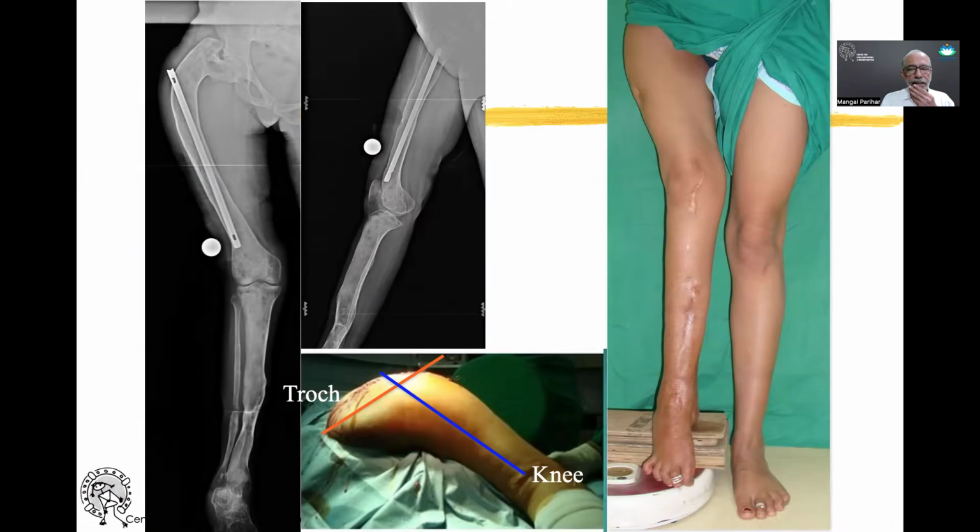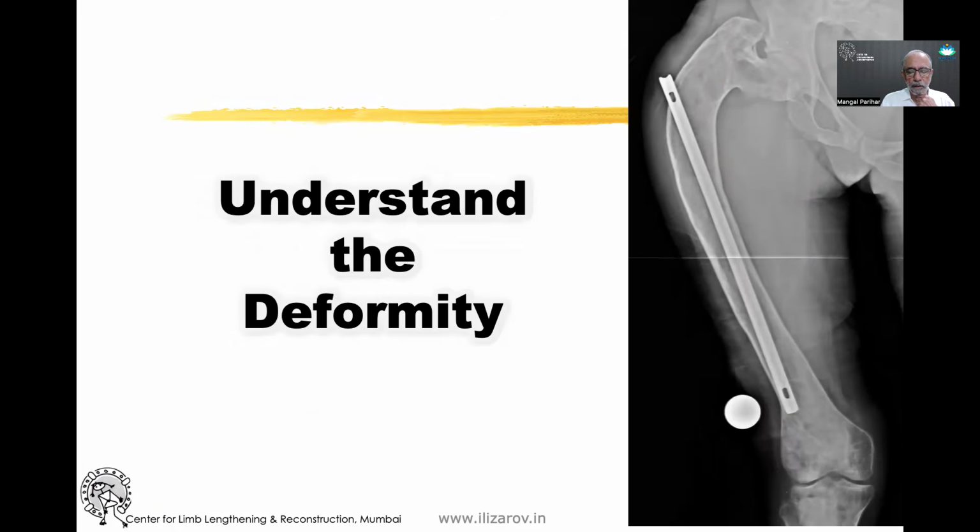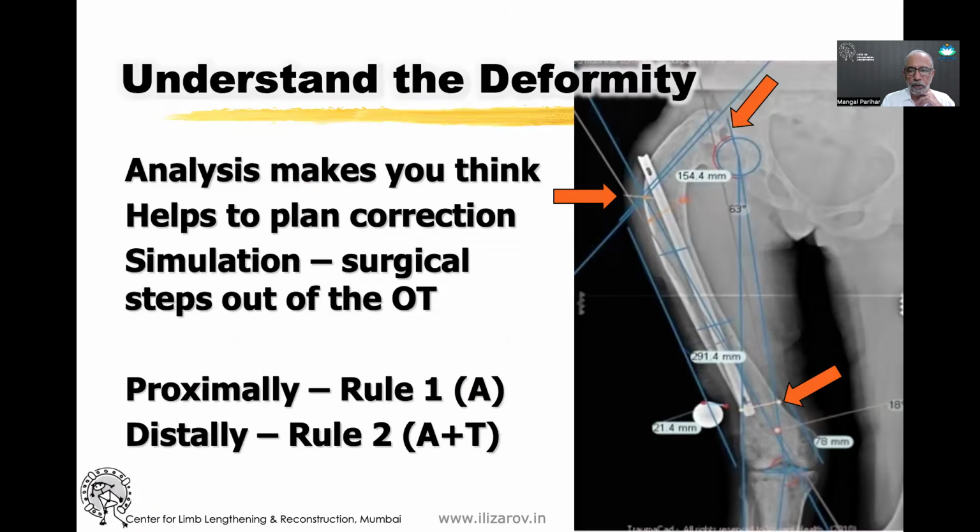And one would think that Ilizarov would be the right choice, but in fibrous dysplasia, intramedullary implants are the best. Now, these are just other views of her issues. So the point is, you need to understand the deformity and then use whatever is the appropriate tool.